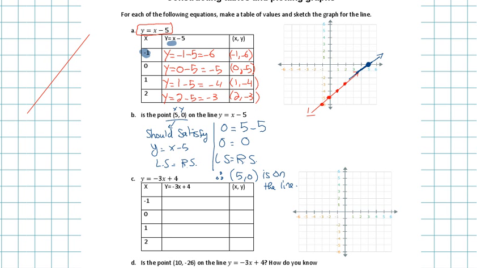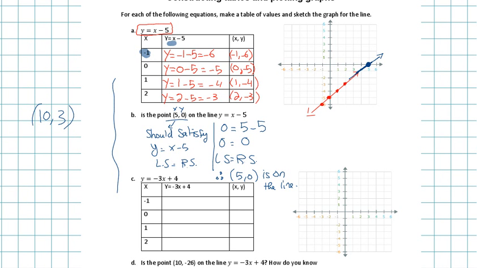And the point is 10, 3. Does it fall on this line? What do I have to do? Does it fall on y equals x minus 5? No. And how do you know that?